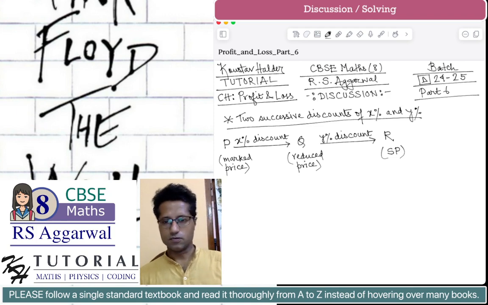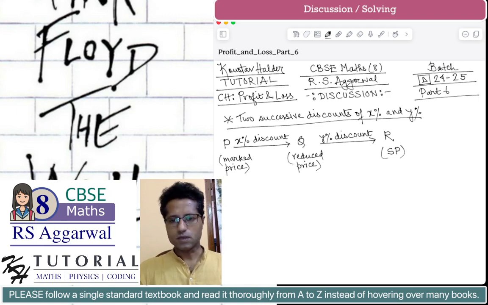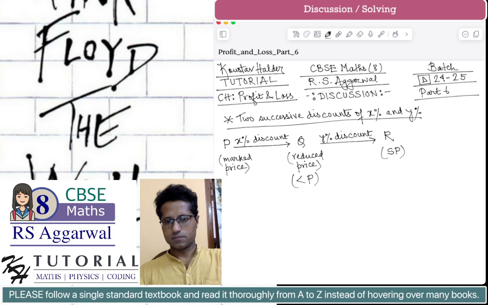Visually, if P is the mark price, then we apply X% discount on the mark price P and get a reduced price Q. The price Q is definitely less than P because a discount of X% has been applied on P. So Q is the reduced price after applying a discount of X%.